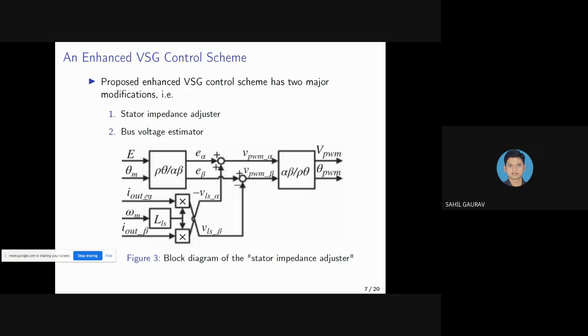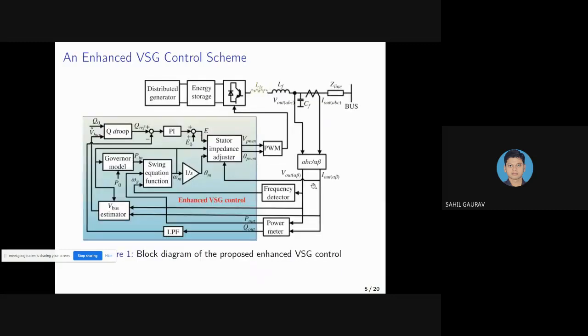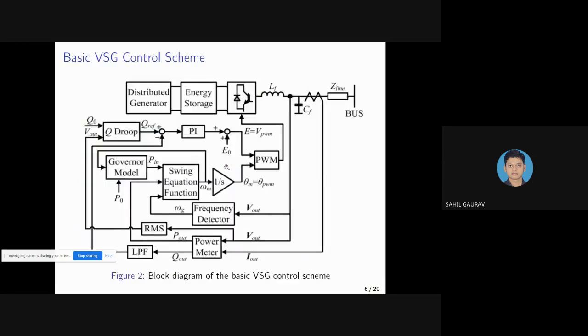If we look at how this model works, I out alpha and I out beta come from this ABC to alpha beta transformation, and go to the stator impedance adjuster.